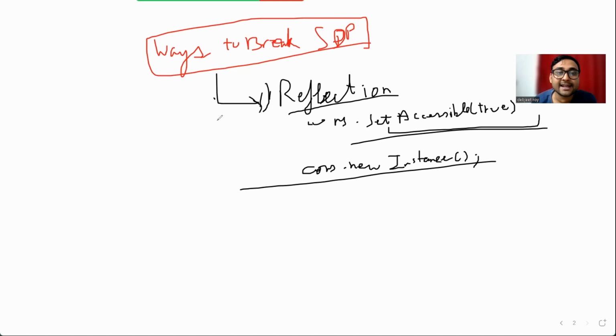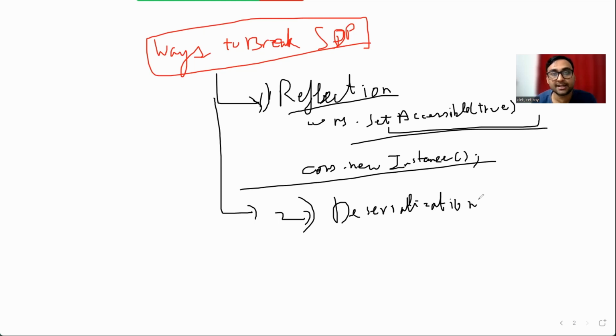What's the second way to break the singleton design pattern? The second way is with the help of deserialization. There is something called serialization and deserialization.